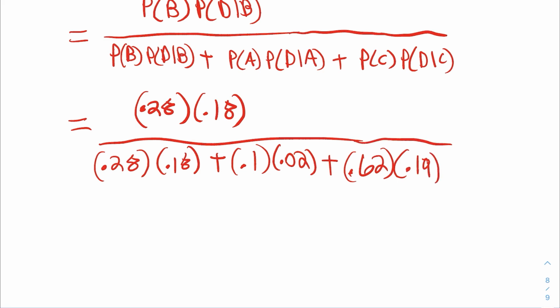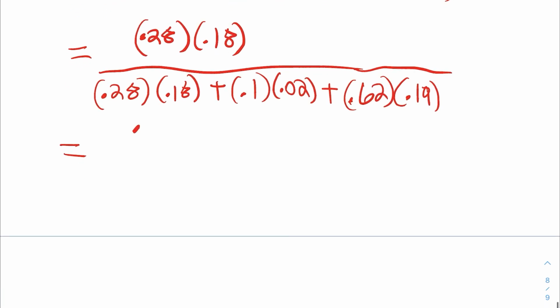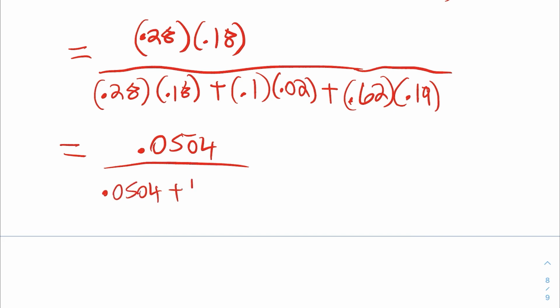And then we just do these calculations. The top is 0.0504. The bottom has 0.0504 as the first term, then the next term is 0.1178, and the last term is 0.0020.